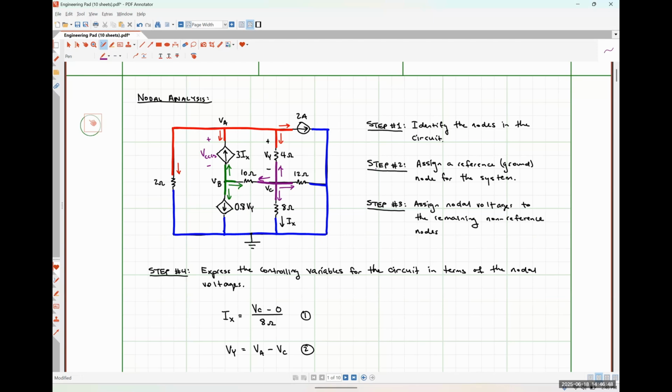Okay, so do you guys want another example with only current sources, or are you ready for me to mess things up and include voltage sources? All right, since nobody's volunteering anything, I'm going to mess things up and include voltage sources.